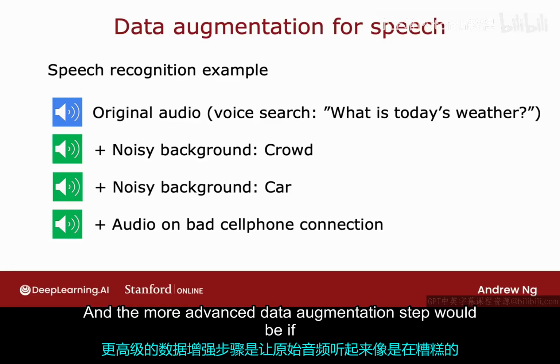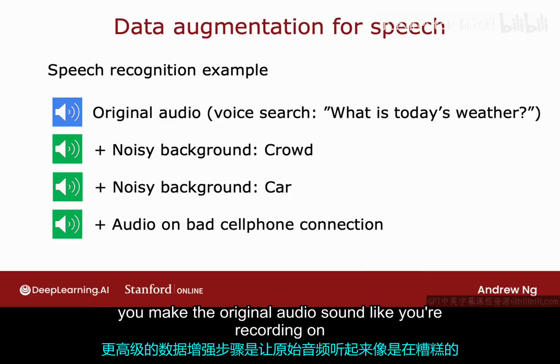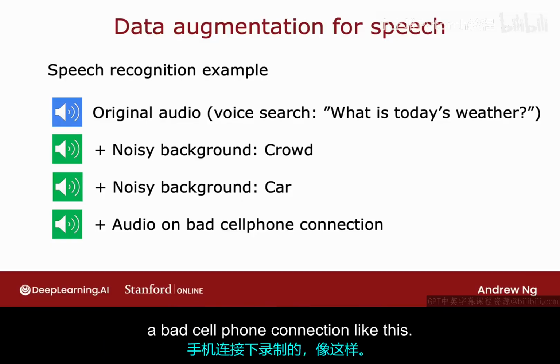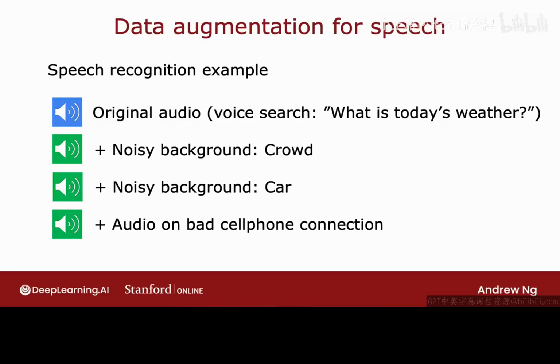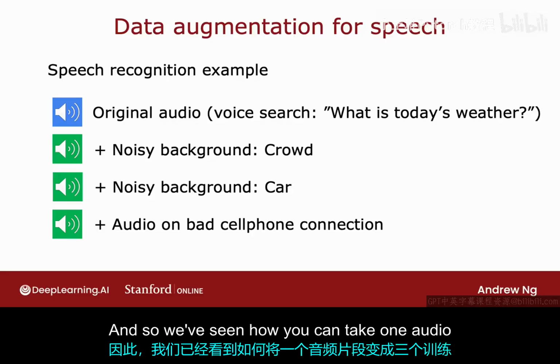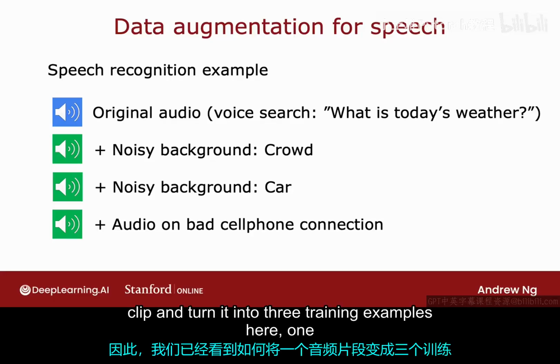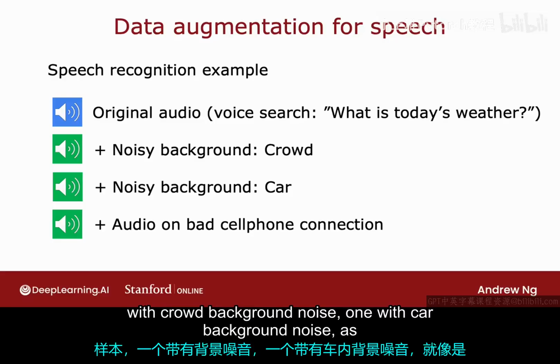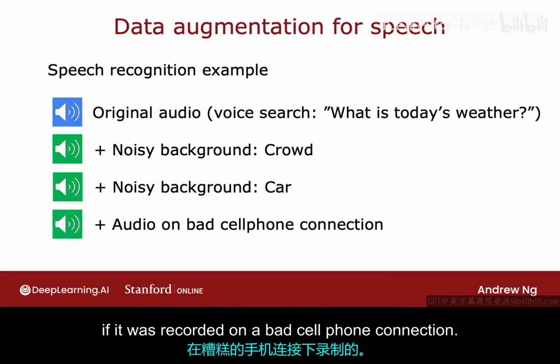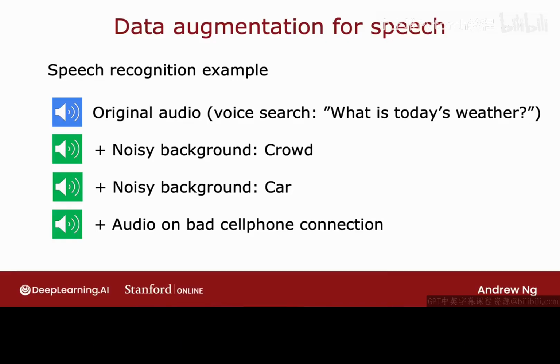And a more advanced data augmentation step would be if you make the original audio sound like you're recording it on a bad cell phone connection like this. What is today's weather? And so we've seen how you can take one audio clip and turn it into 3 training examples here. One with crowd background noise, one with car background noise, and one as if it was recorded on a bad cell phone connection.